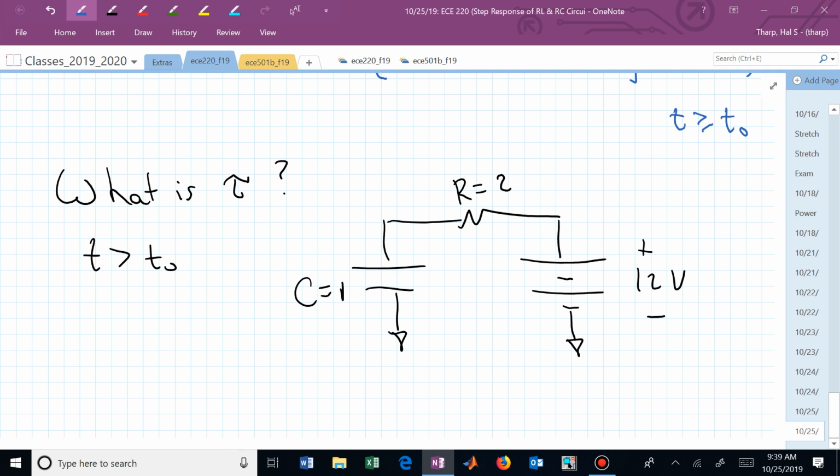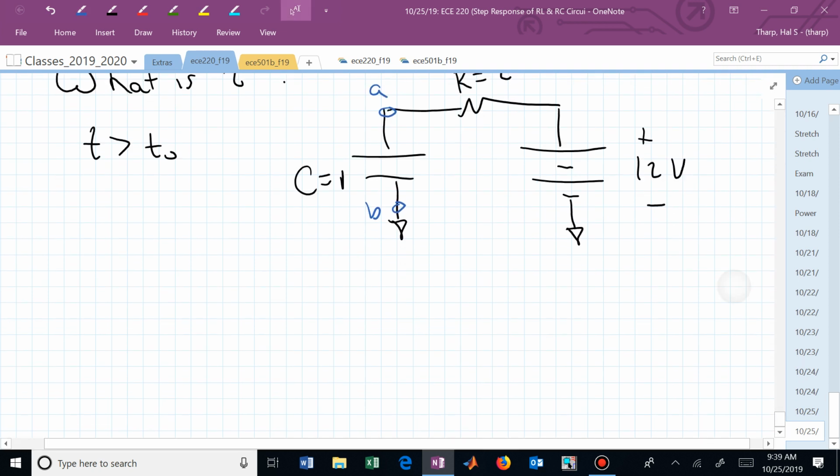R times C, and if R wasn't staring us in the face, if it was more complicated, we would look back into the rest of the circuit through the terminals that are connecting the capacitor and say, what's the effective resistance I see standing in between terminals A and B? In this case, it's clear.